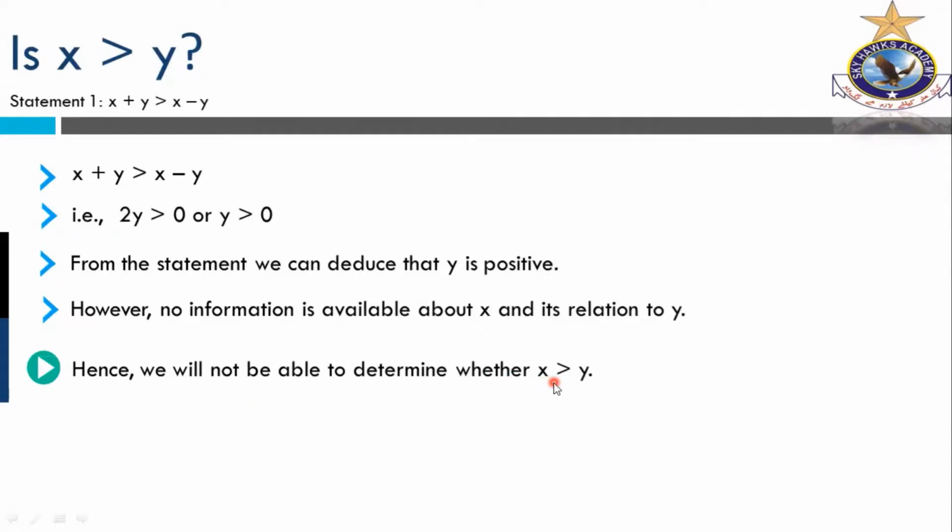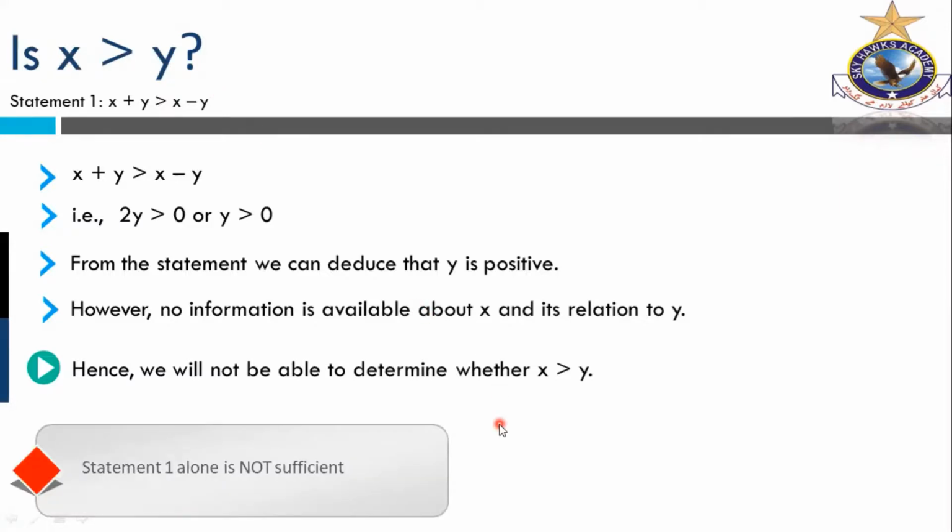We cannot say clearly that x is greater than y, because our question is whether x is greater than y. Y is positive and we don't have any information about x. So at this stage, we cannot say that x is greater than y. Statement 1 alone is not sufficient.